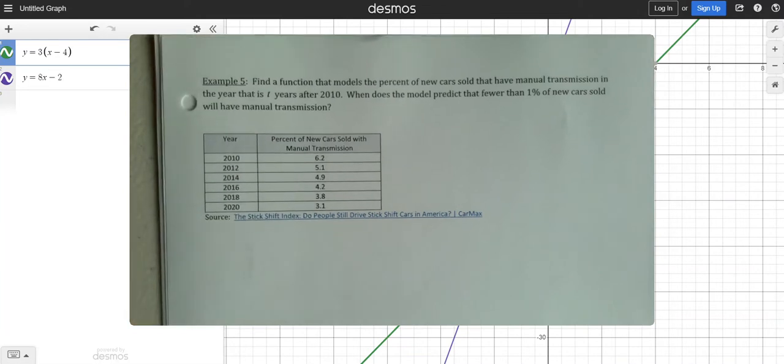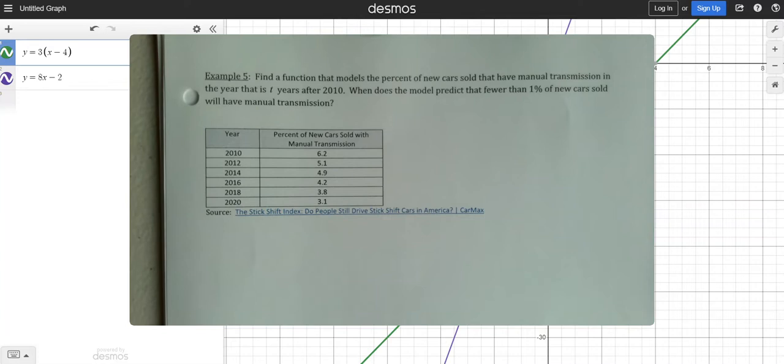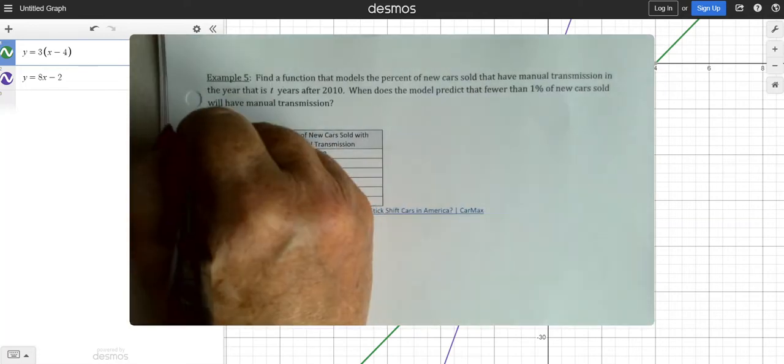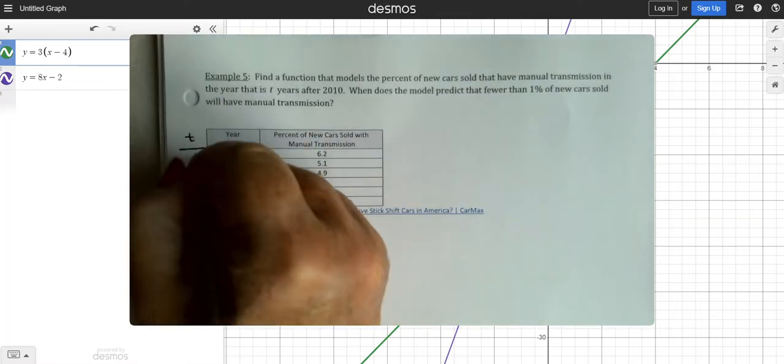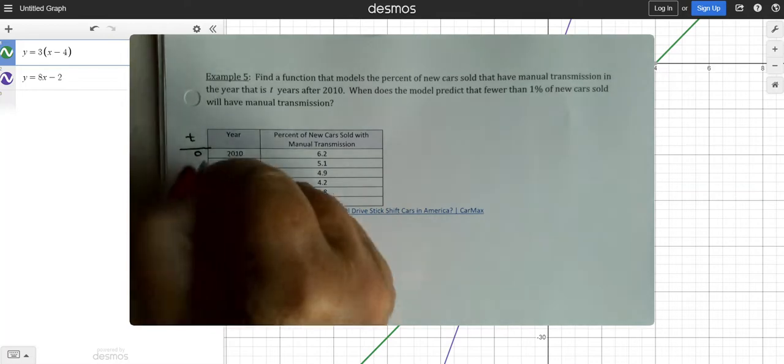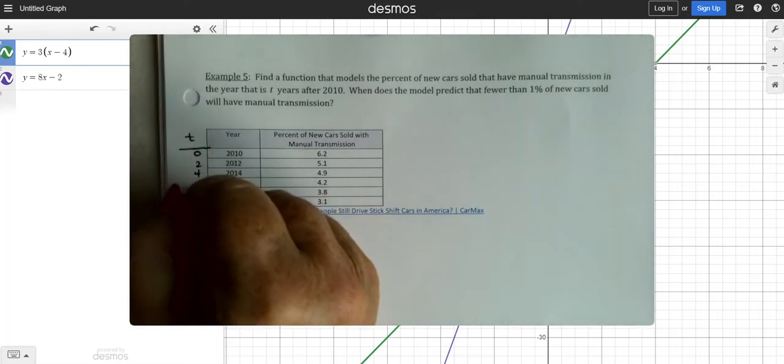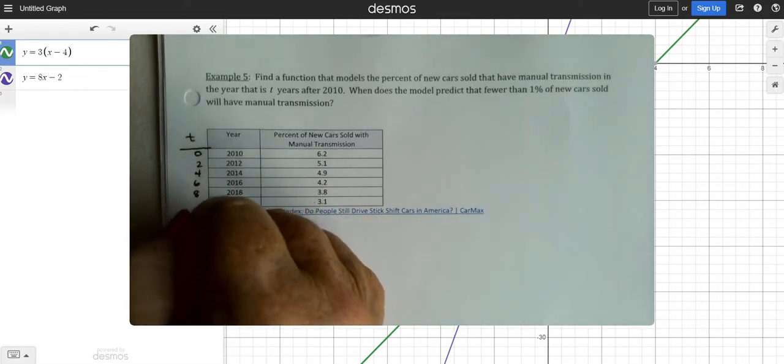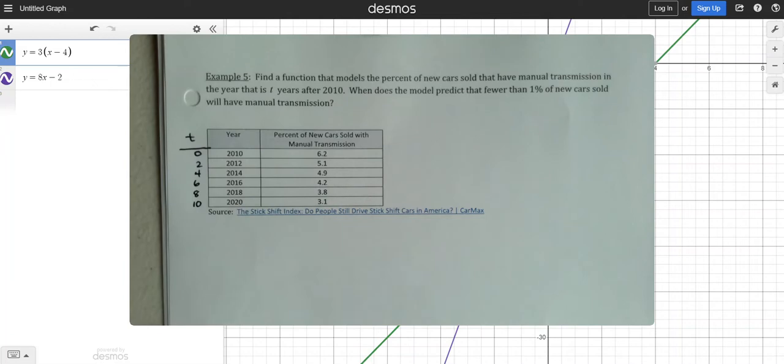People want automatic transmissions, apparently. Most people do. All right. T is supposed to be years after 2010. So put my t's out here. 2010 is 0, and I would have 2, 4, 6, 8, and 10 years later.